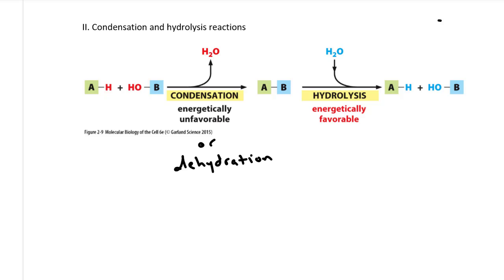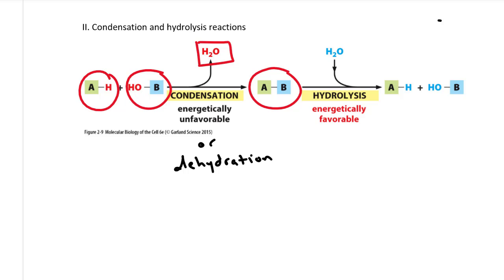Now, a condensation reaction is going to link two molecules together. So you can see that we have molecule A here and molecule B, and they are covalently linked together on the product side. And an H2O is kicked out. The H2O is also a product of this reaction. It's just shown this way sometimes when we draw stuff in biology.